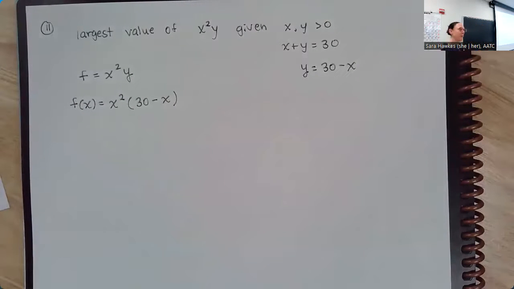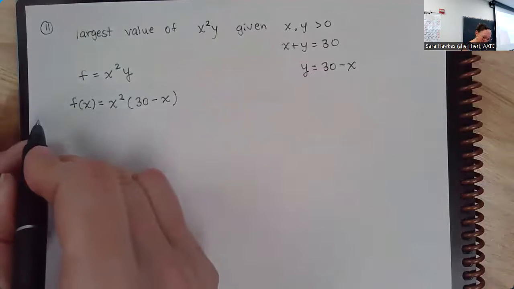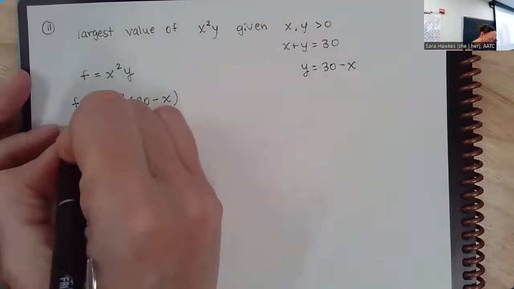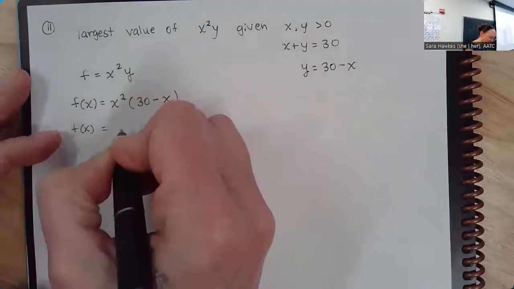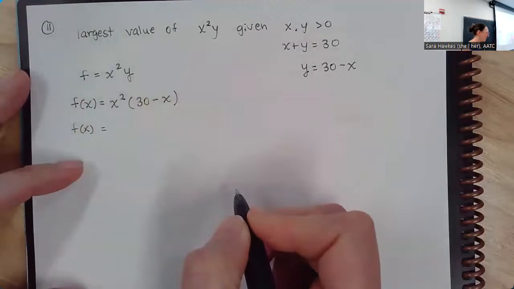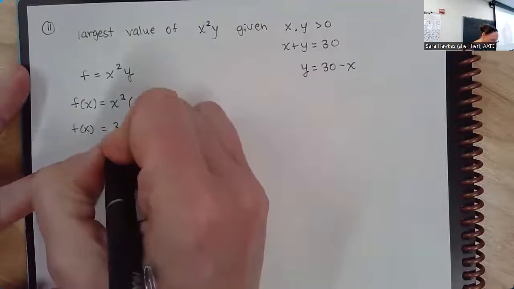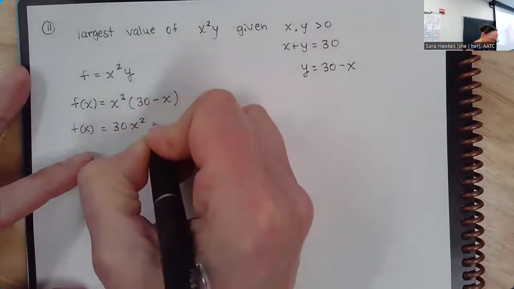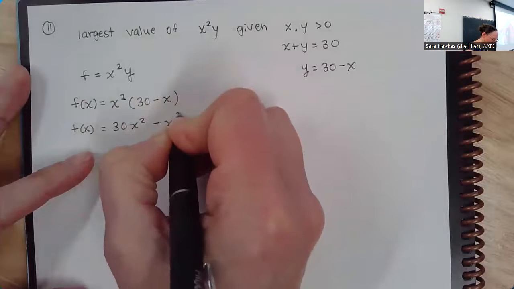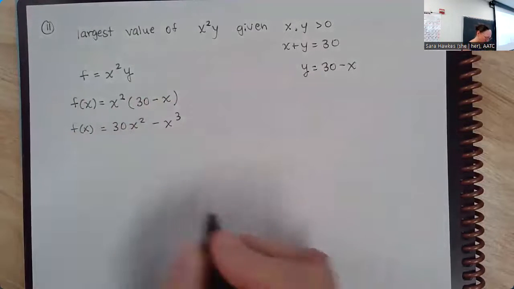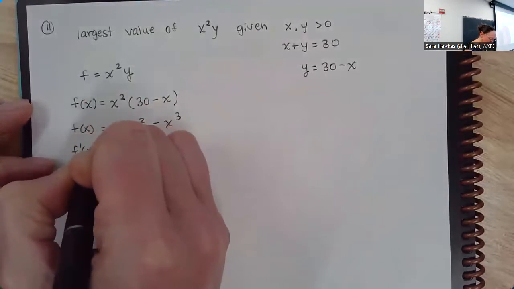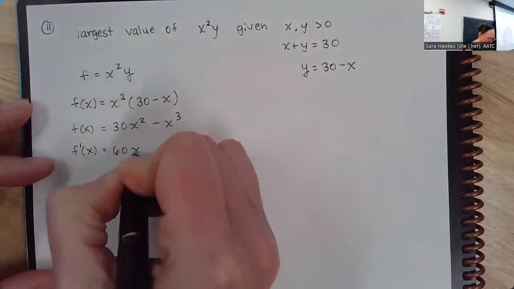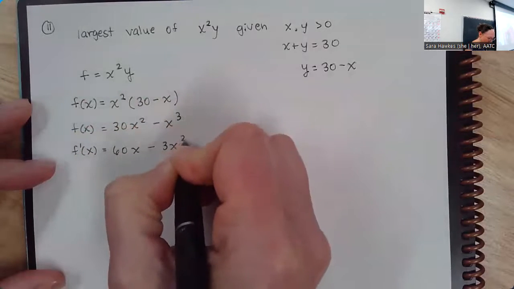Now I know how to find a max or a min. We take a derivative, we set it equal to 0. I'm gonna do algebra first so that I can avoid a product rule. So I would write this as 30x squared minus x cubed. When I take that derivative, I would get 60x minus 3x squared.